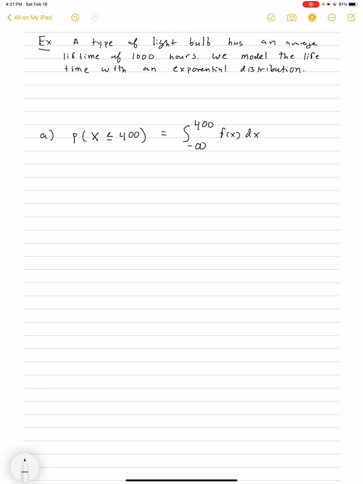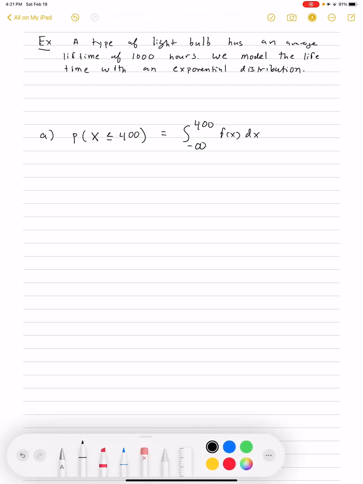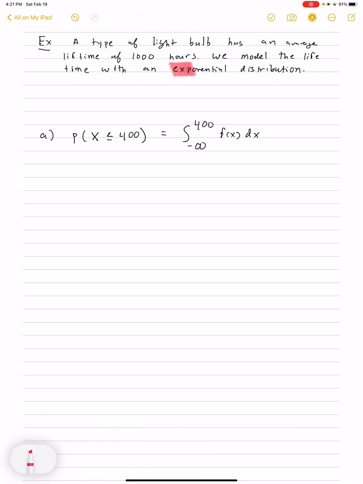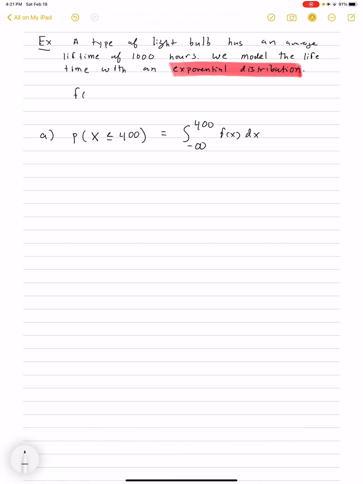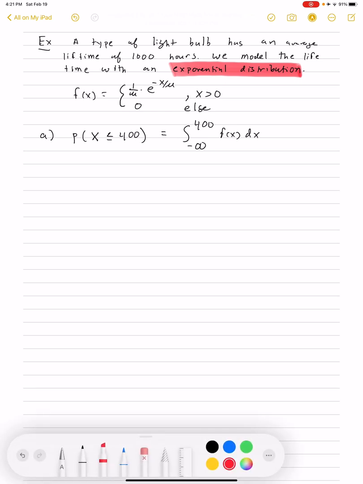Well, the fact that we specified the distribution as exponential means the density function f of x is going to be 1 over mu times e to the minus x over mu for x greater than 0 and 0 else. This is an exponential distribution.